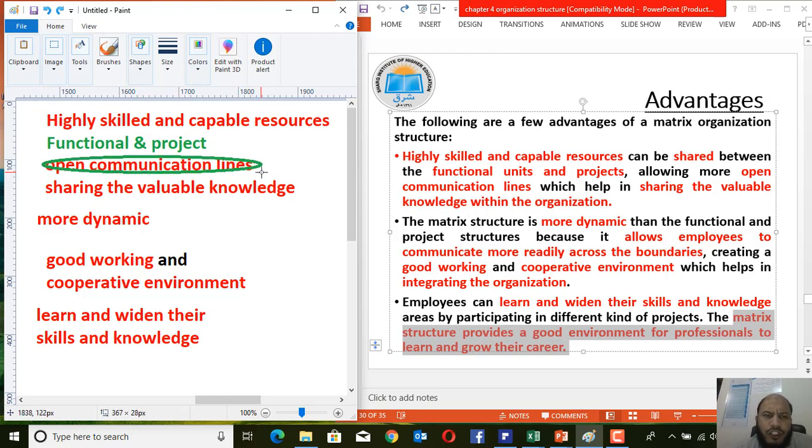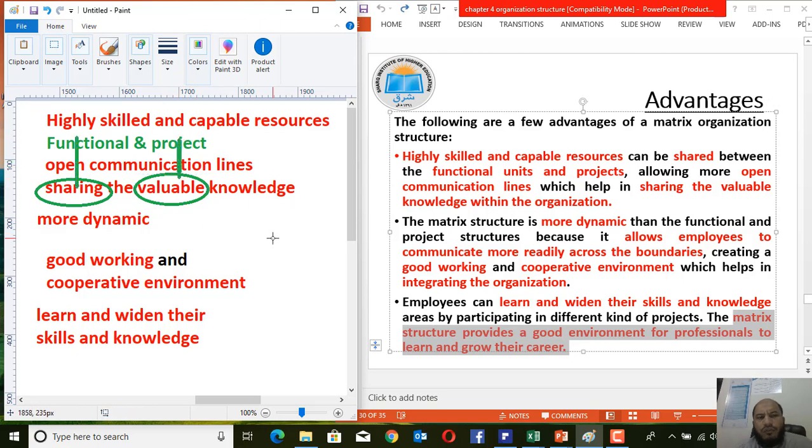Here are open communication lines in the functional department and also in the project, to the project managers. Open communication means we will share our knowledge, our valuable information and expertise with the functional department and also with the projectized department.